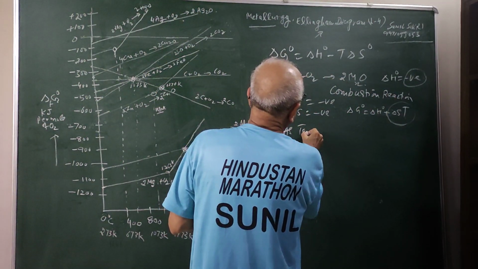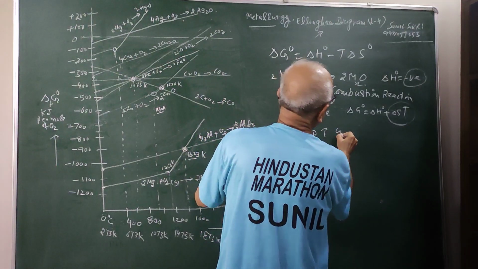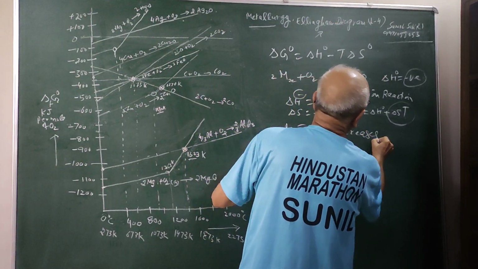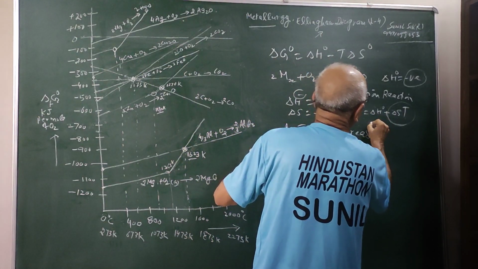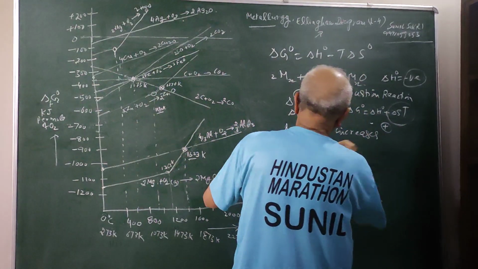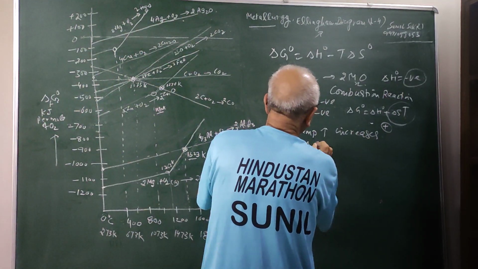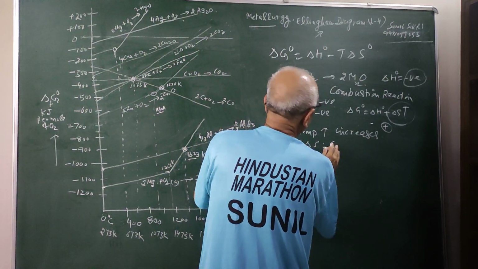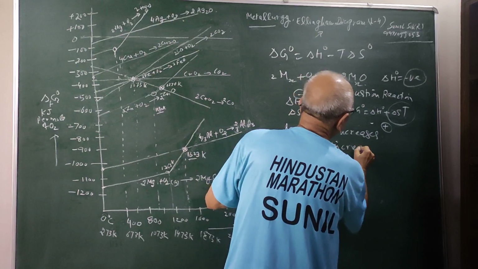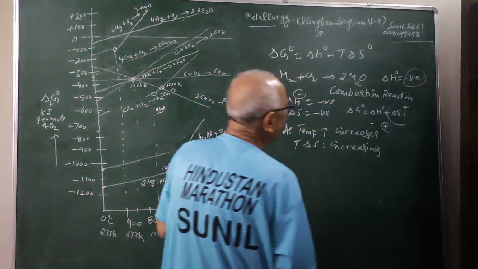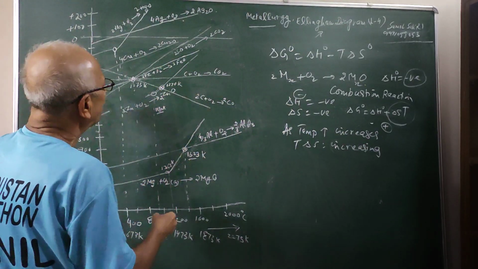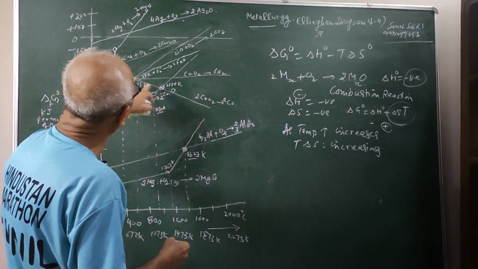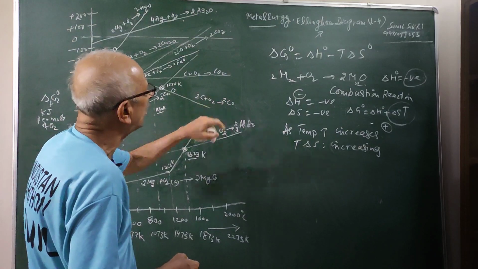As temperature increases, this is minus, this plus is becoming more. So what is happening? T delta S is increasing. So there is an increase in slope. The slope is positive, as we have seen in most of the cases, except one which we will tell you why this slope is negative for 2C plus O2 gives 2CO.